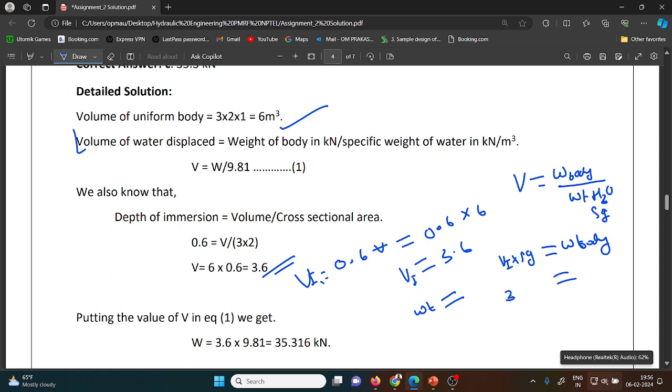Immersed volume 3.6, rho 1000, and g is 9.81. If you calculate, it is 35316 Newton, in kilonewton, 35.316 kilonewton. You can also solve it in another way.